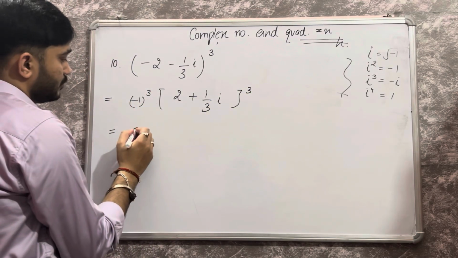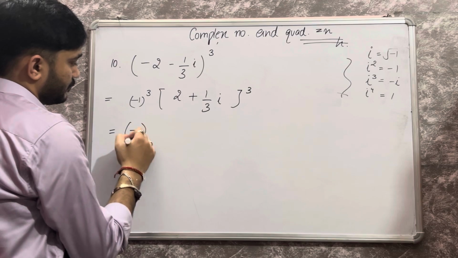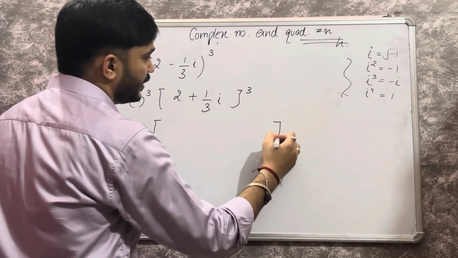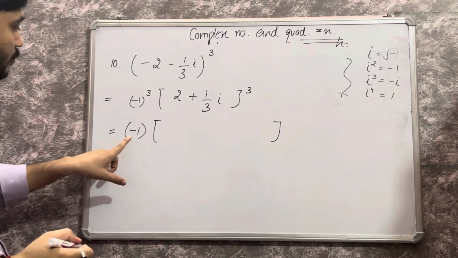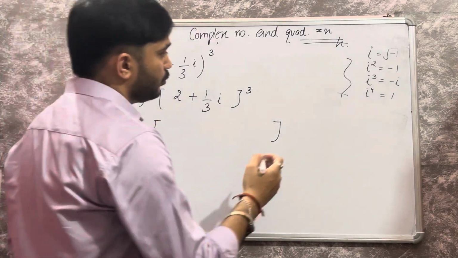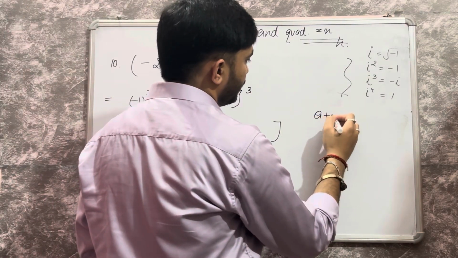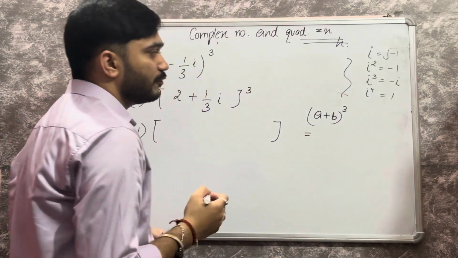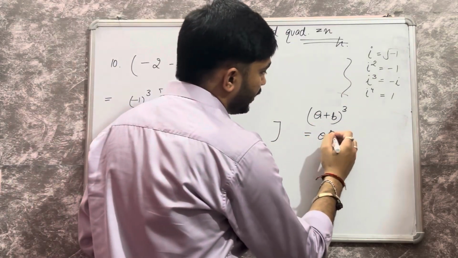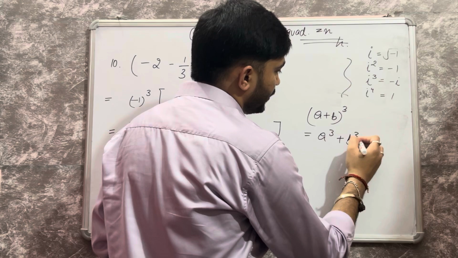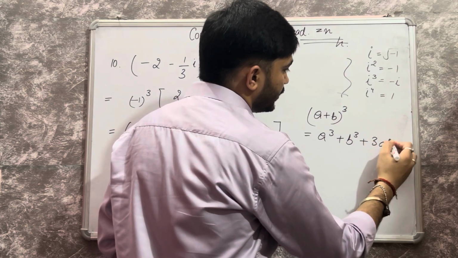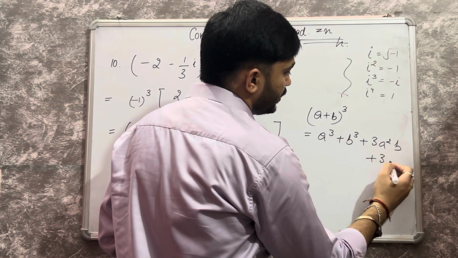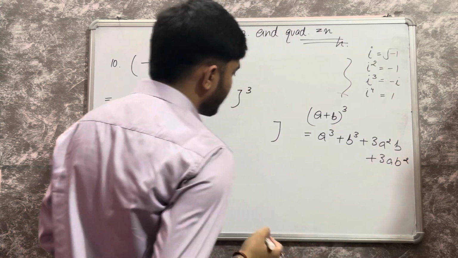Minus 1 cube is minus 1. Leave it as it is because we do not want to touch this. And put the value of a plus b whole cube here. What is the formula of a plus b whole cube? It is a cube plus b cube plus 3a square b plus 3ab square.